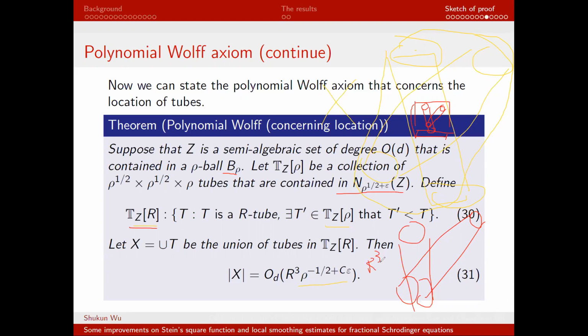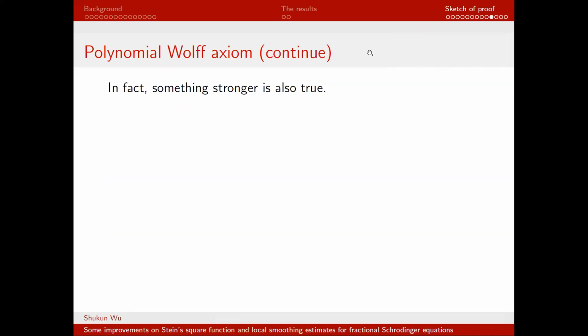So polynomial Wolff basically says that if you have this setting, where each bigger tube is bigger than some smaller tube, then you will have a saving with ratio roughly rho to the negative half. And you should compare this to the previous polynomial Wolff. Okay, let me clear. And in fact, something stronger is also true.